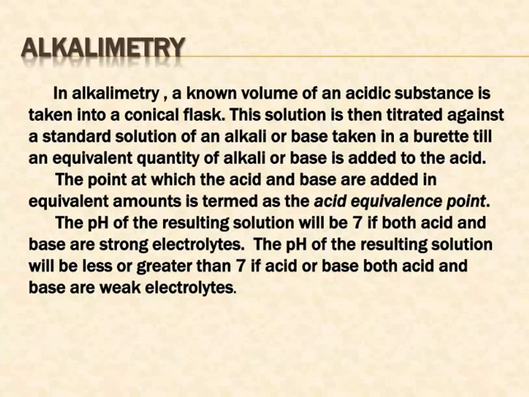The point at which the acid and base are added in equivalent amounts is termed the equivalence point. The pH of the resulting solution will be 7 if both acid and base are strong electrolytes. The pH will be less or greater than 7 if the acid or base, or both, are weak electrolytes.